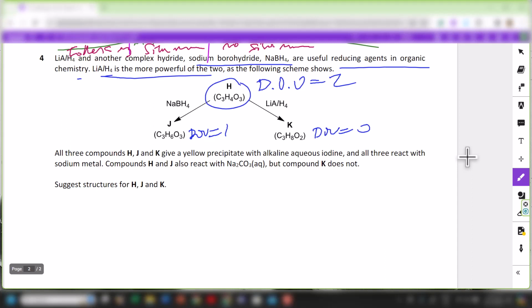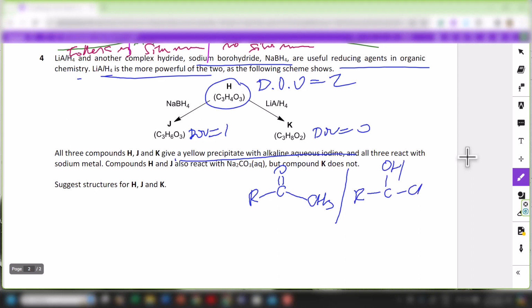Then they give you a little bit of a clue about H, J, and K. They mention that all the compounds give a yellow precipitate with aqueous alkaline iodine. So you know that all 3 compounds might share a similar moiety, either the methyl ketone or the methyl alcohol, which makes perfect sense.